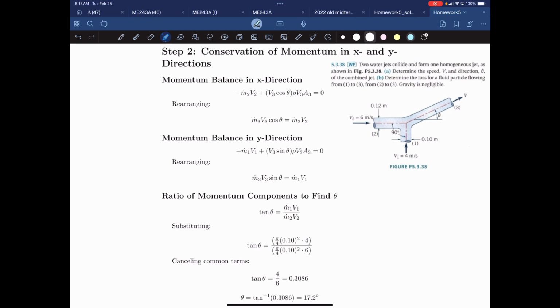Okay, so then we also have the Y direction balanced, and this is good prep for the homework. I can post another practice problem if you need more practice. And then we use the tangent relationship, to use both those equations, and we find theta.